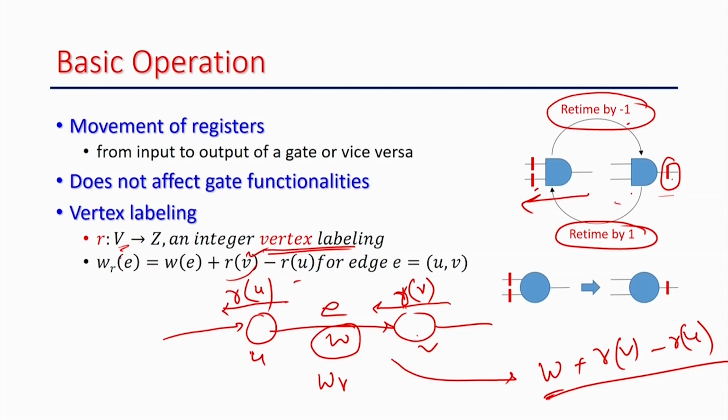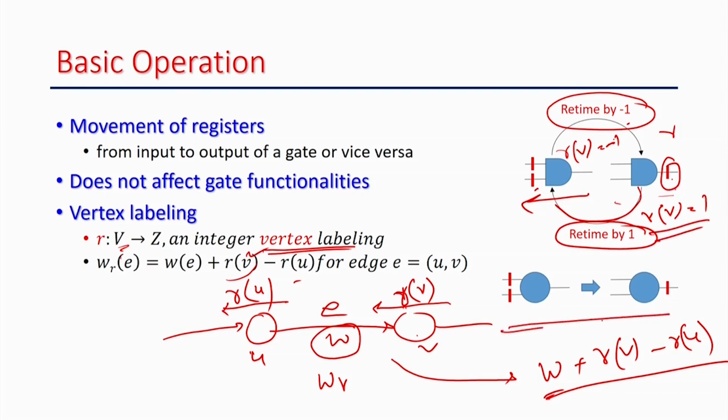For this node, if this happens, the RV value will become -1. If this happens from this to this, then the RV value will become 1, because that is the number of registers moved from the input side to the output side. Okay. If you know that RV equals -1, then I know a register from the input side moved to the output. If the RV value is 1, that means one register from the output is moved to the input, right.